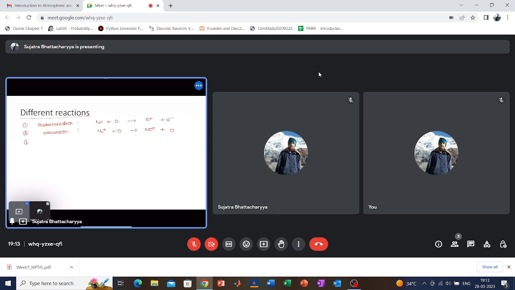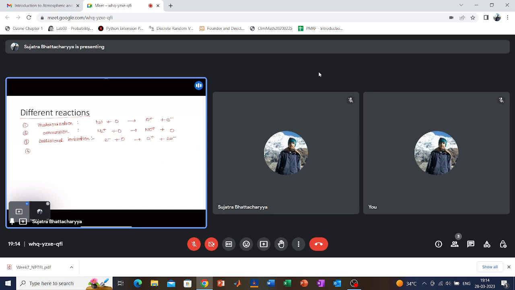Third is collisional ionization. So it will collide and ionize. Mostly during the night time, this kind of thing may occur. So this is electron plus oxygen gives O plus 2 electrons. Because O2 minus actually.